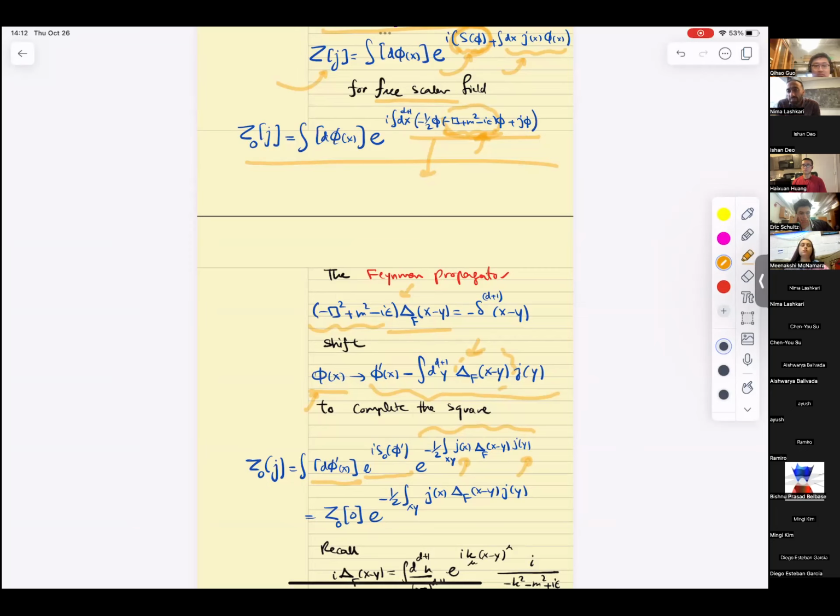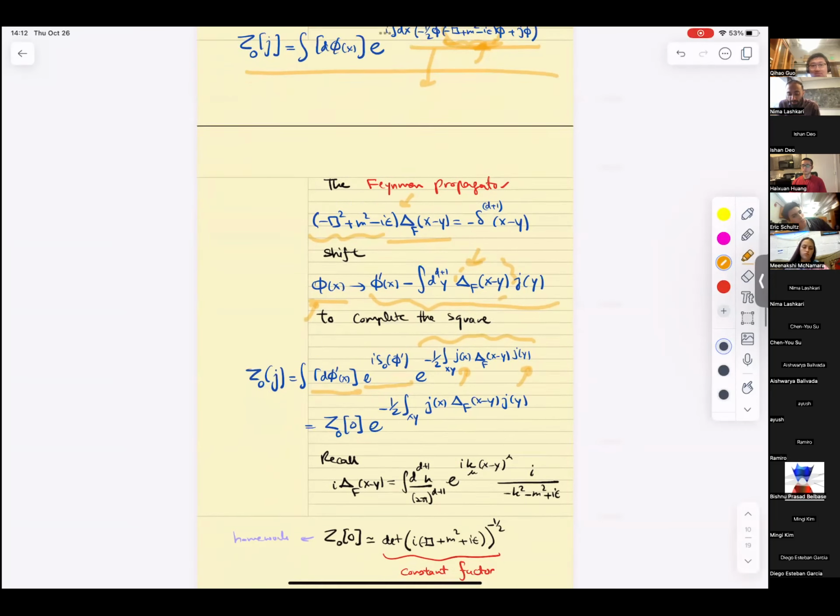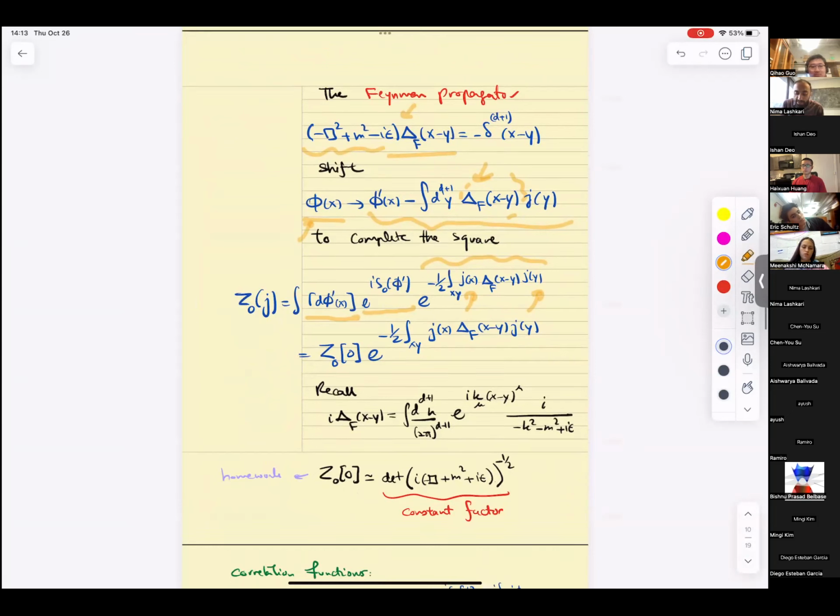This is the core idea of Green's functions, right? That's why they're nice. So you find that the path integral with the source, Z0 of J, is the path integral without the source multiplied by this thing, because this part of it is just a free sourceless path integral.